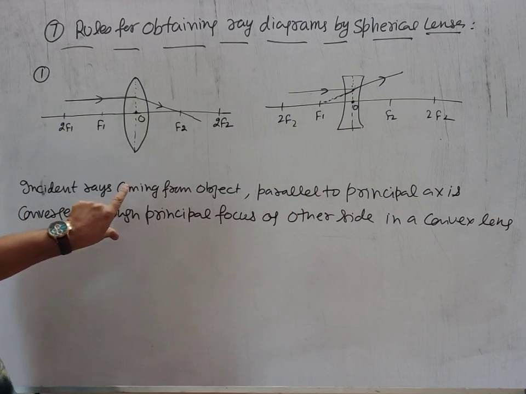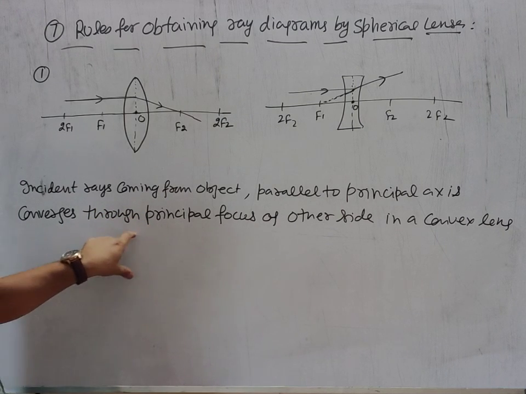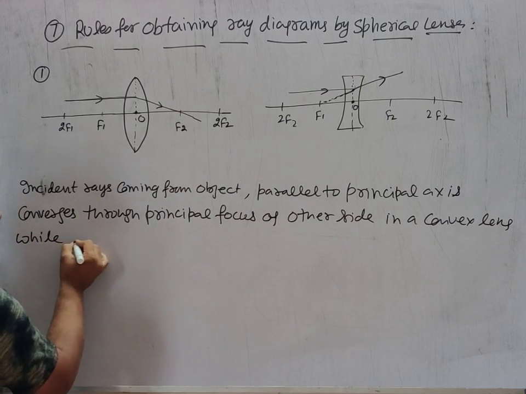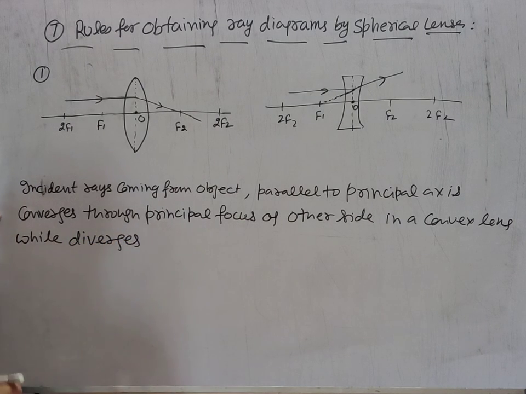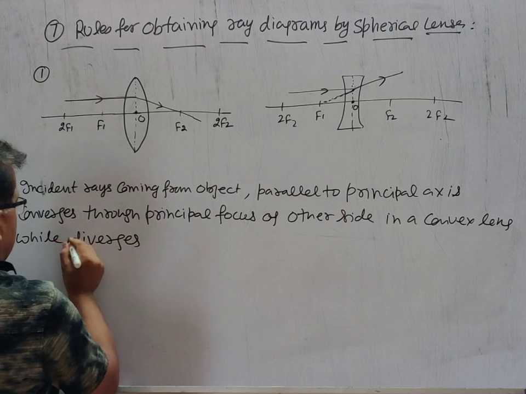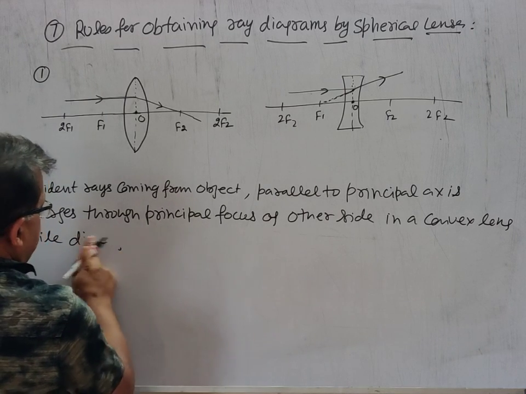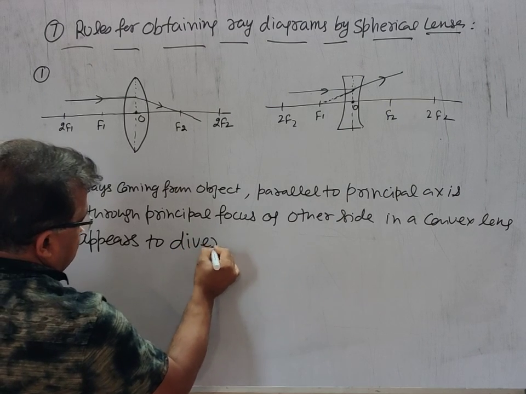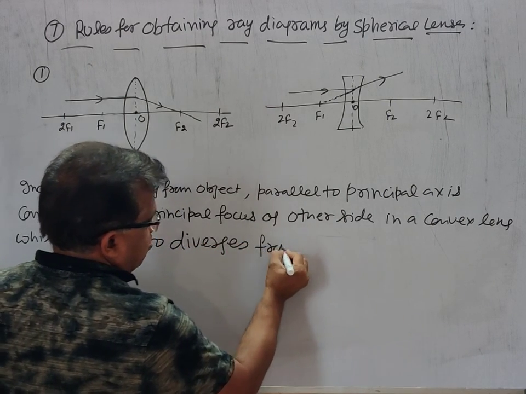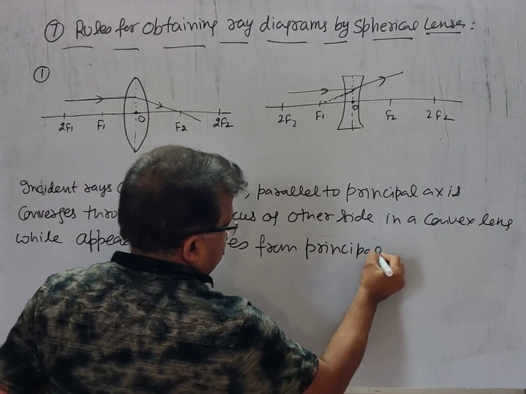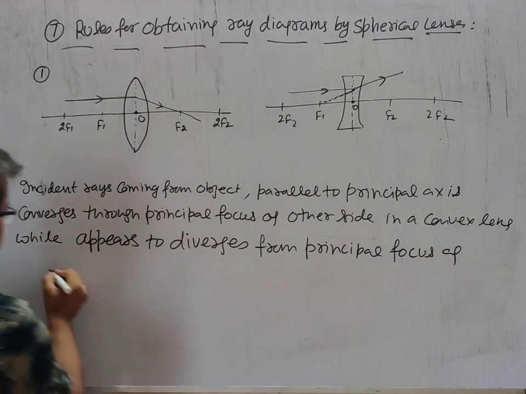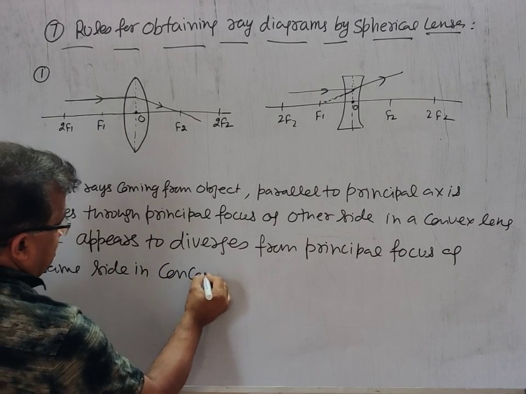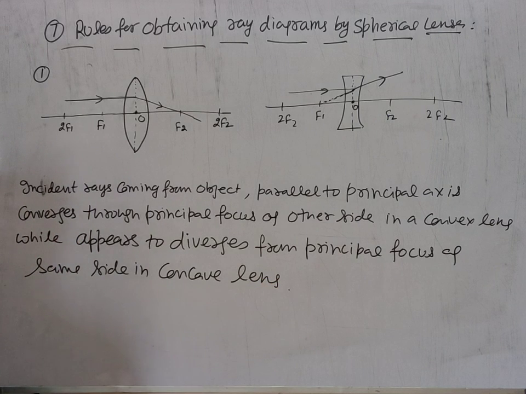So an incident ray coming from the object parallel to the principal axis converges through the principal focus on the other side in a convex lens, while it diverges, or appears to diverge, from the principal focus on the same side in a concave lens. This is the first rule.